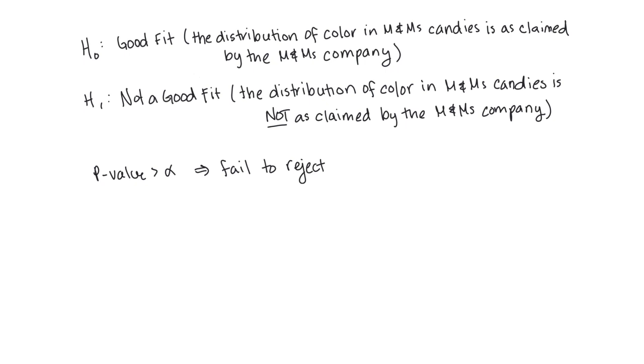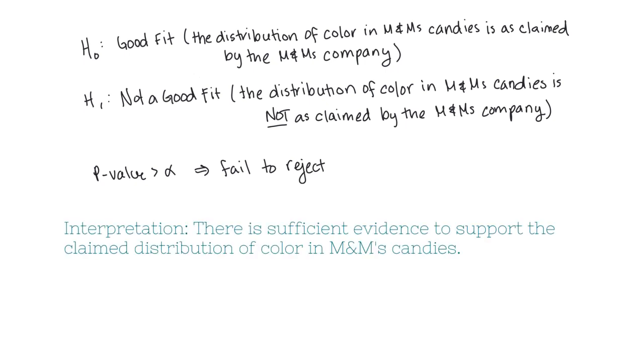In other words, the distribution of color in M&M's candy is as claimed by the M&M's company. So there is sufficient evidence to support the claimed distribution of color in M&M's candies. So in other words, we have the 24% blue, the 13% red, the 14% yellow, etc.